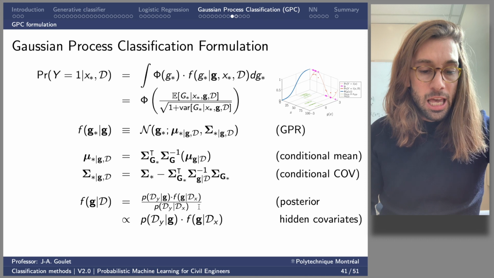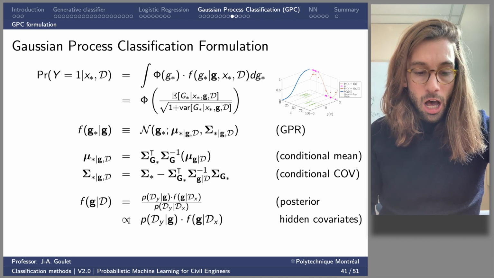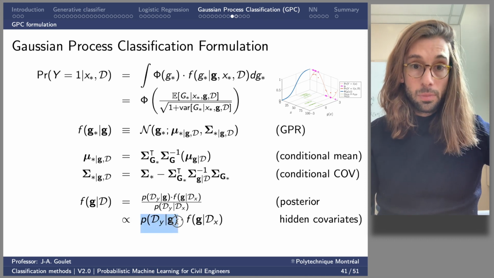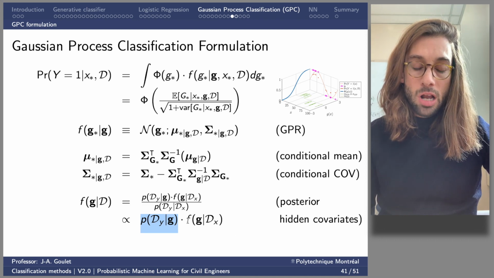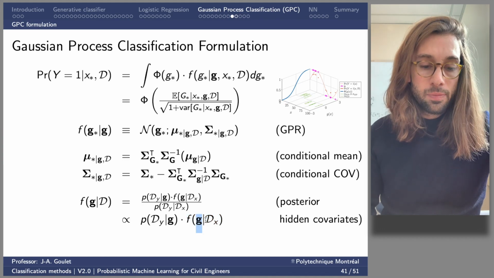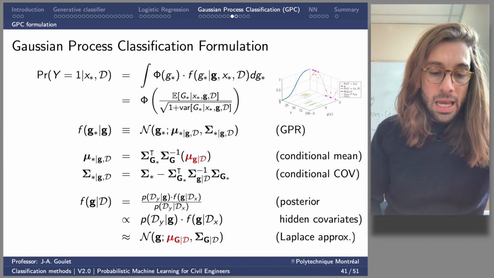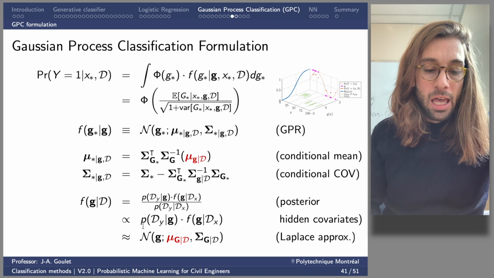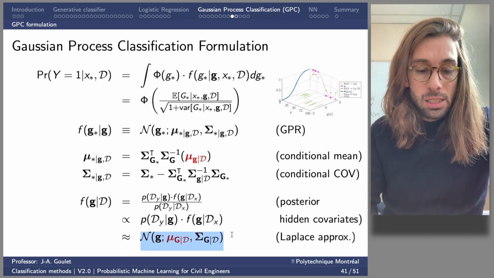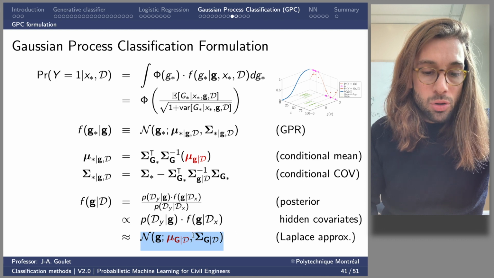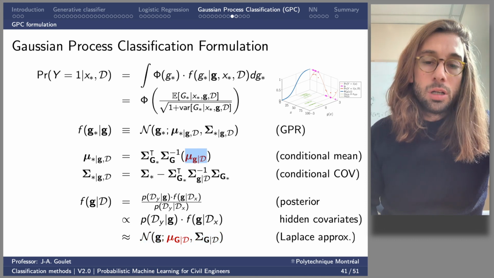We're going to say this is proportional to the product of the likelihood of observing data given G times my prior knowledge of G given my covariate X, okay? And this again, we assume it's described by a normal distribution, so a Gaussian process, for which the parameters are what we're missing here. And same thing for the covariance.